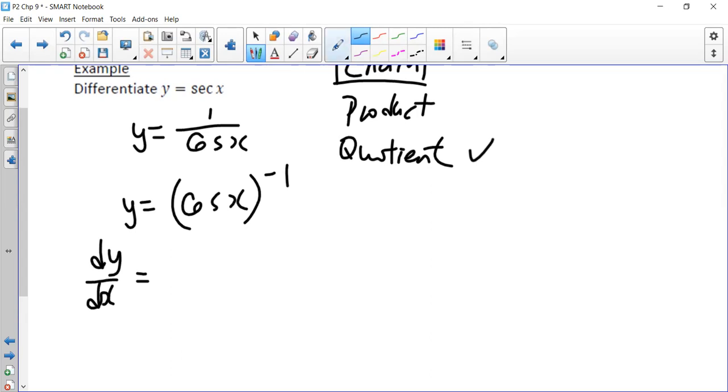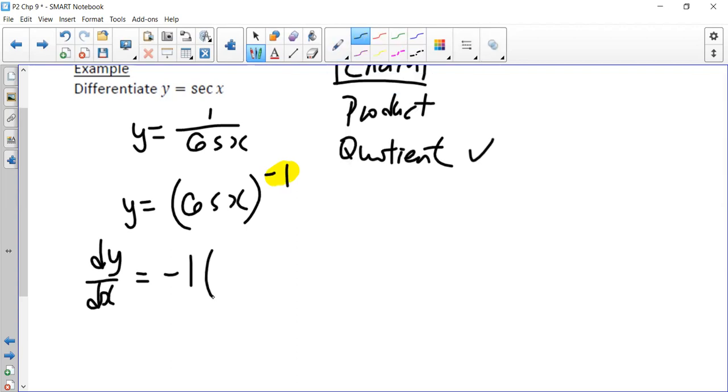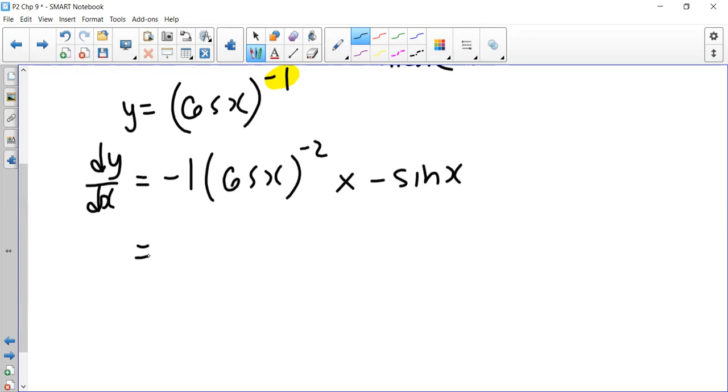To differentiate the power of minus 1, we multiply by the power and the power goes down by 1. Then, like an onion, we differentiate the inside: differentiating cos x gives negative sine x. So then we can simplify. Minus makes a plus, sine x times cos x to the power of minus 2.